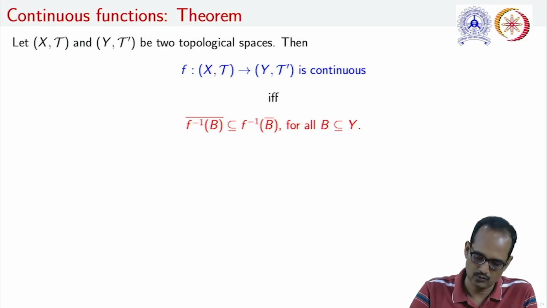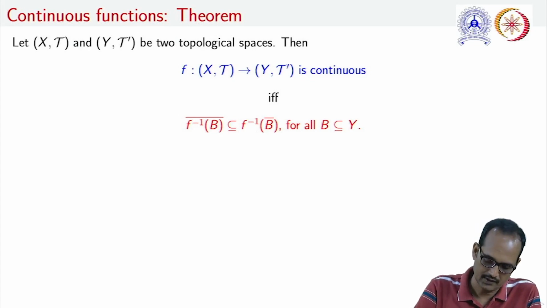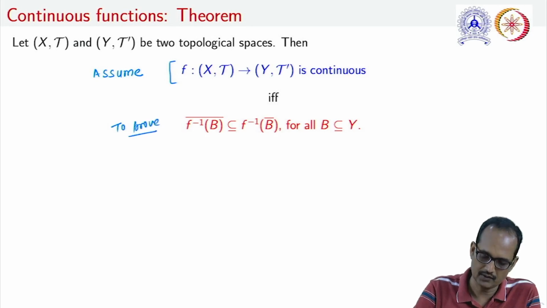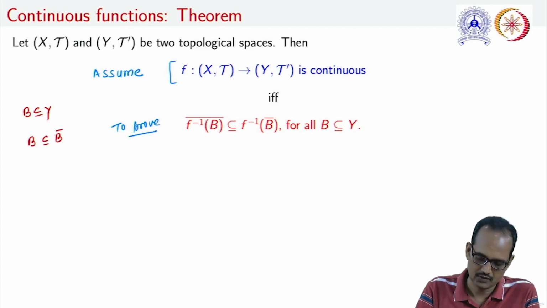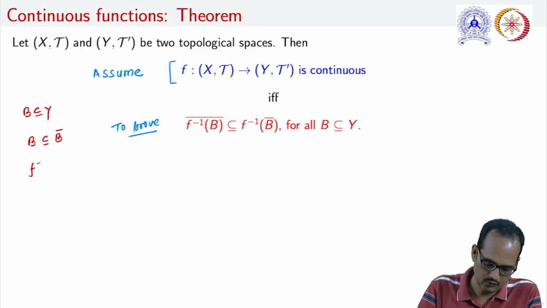In order to prove this theorem, let us first assume that f is continuous. Now, as B is a subset of Y, we know that this B will always be a subset of its closure, and therefore f inverse(B) will be a subset of f inverse(closure of B).